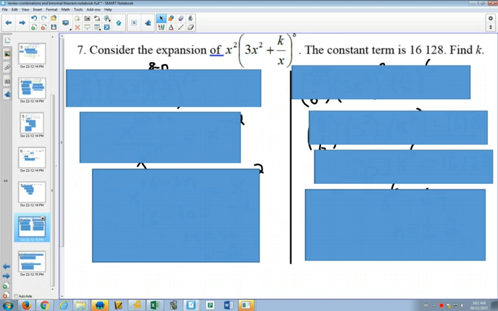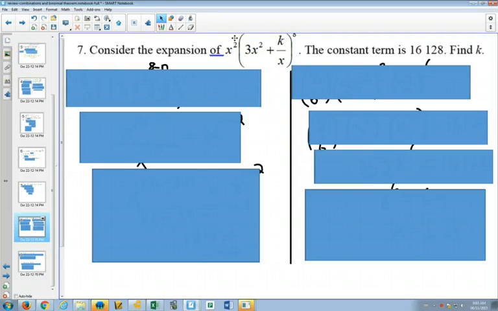We want a constant term now, and we're used to doing a constant term if this wasn't there, right? Then you're just looking for x to the 0, because you're looking for all the x's to cancel out. But now that there's this x squared here, what does that do?